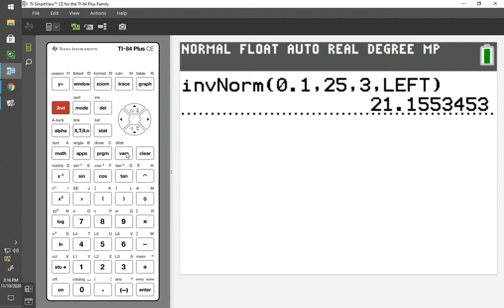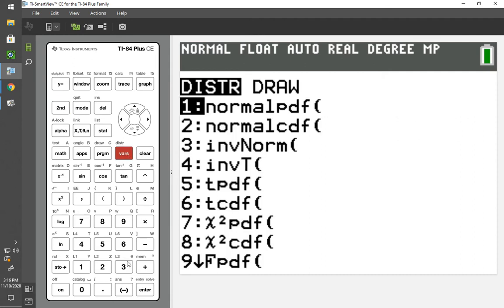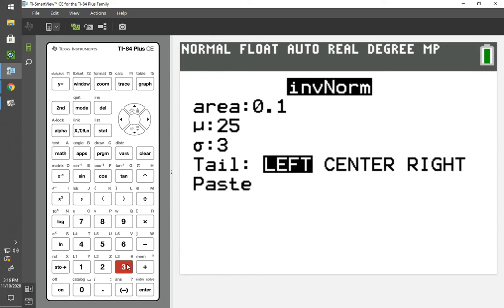Second, distribution, inverse norm. Now I can do the 0.05 here. And the reason I can do this 0.05 here is because I can calculate right. I scoot down to the mu value, which was 100. I scoot down to the standard deviation, which was 17.